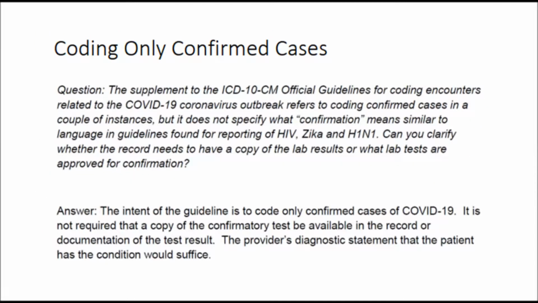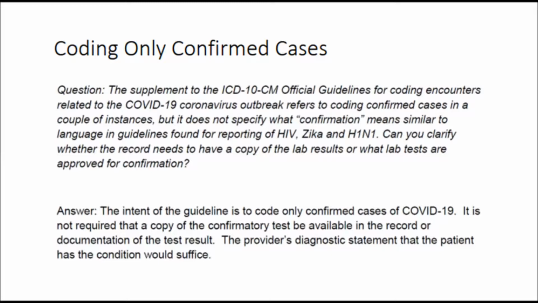Coding only confirmed cases. Question: the supplement to the ICD-10-CM official guidelines for coding encounters related to the COVID-19 coronavirus outbreak refers to coding confirmed cases in a couple of instances, but it does not specify what confirmation means, similar to language in guidelines found for reporting HIV, Zika, and H1N1.